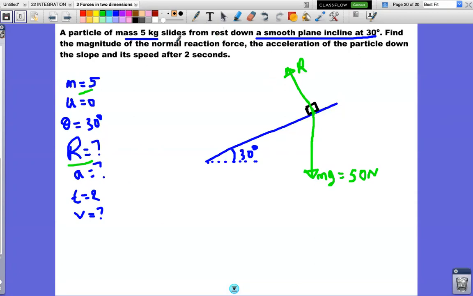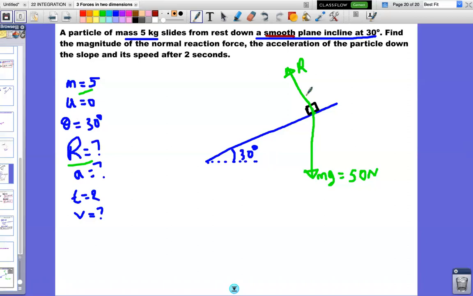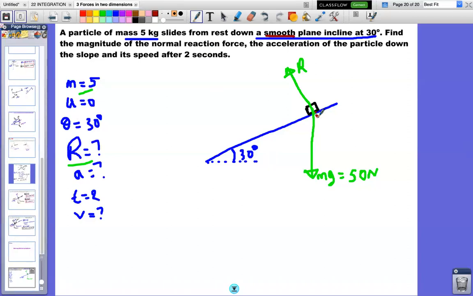What else? Is there any other force? No. We are told that the plane is smooth. Since the plane is smooth, there are only 2 forces acting, right? There is no friction. So we can resolve the weight into the perpendicular direction.